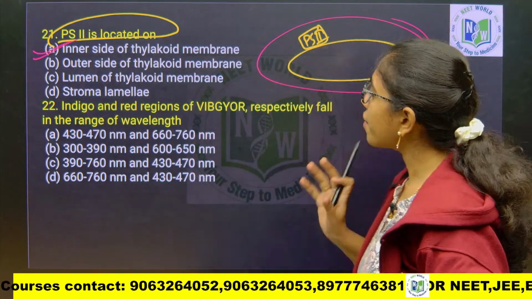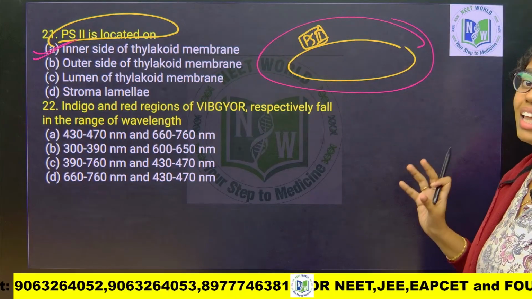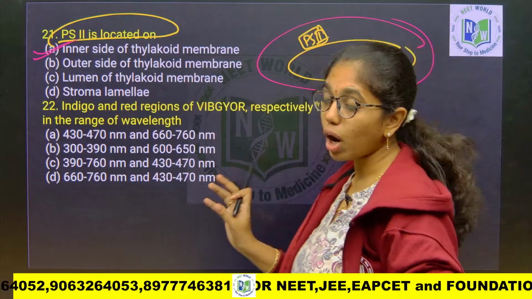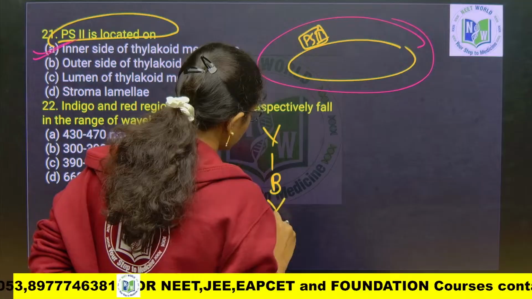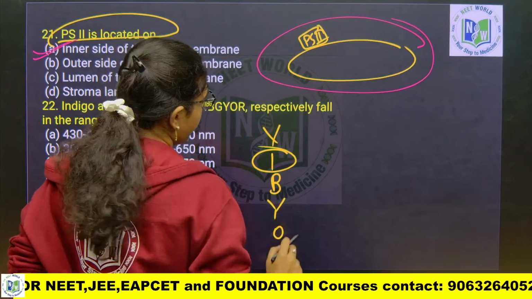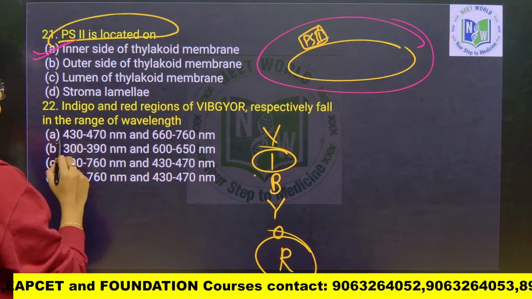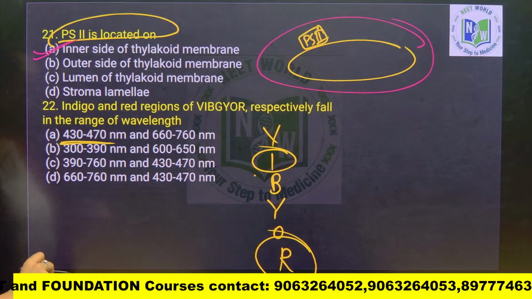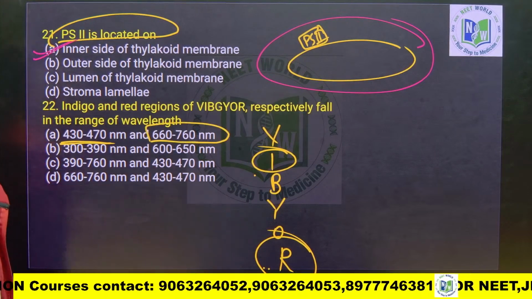Indigo and red regions of the visible spectrum respectively fall in the range of which wavelength? Indigo is from 430 to 470 nanometers, and red we all know is from 660 to 760 nanometers.